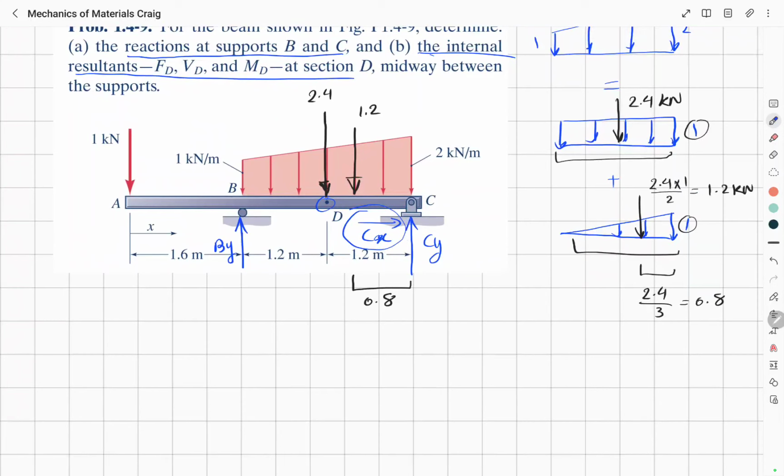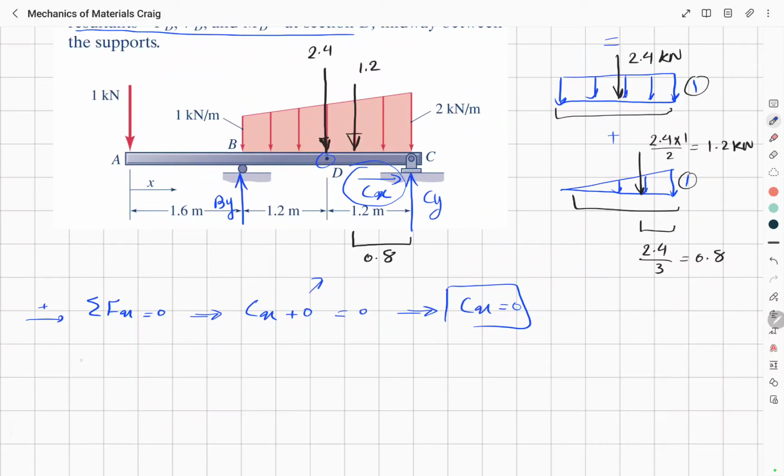Now for the x direction, the only force that we have is Cx. There's no other forces in x direction. So sigma Fx is equal to 0. It means Cx plus 0, because we have no other forces in x direction, is equal to 0. So Cx is equal to 0.